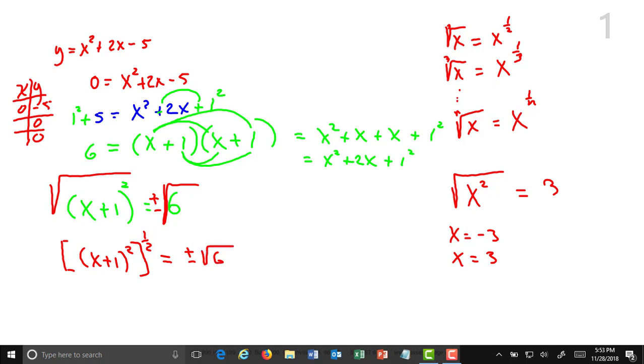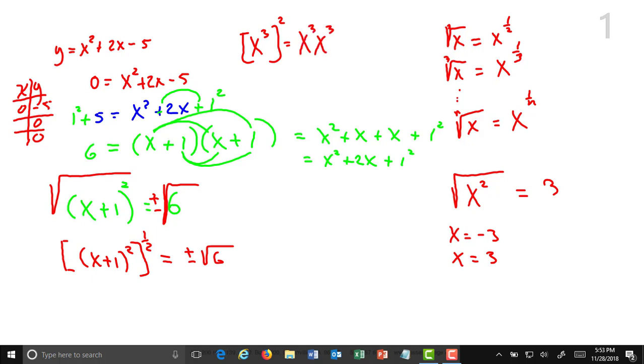Okay, now, what happens when we have a power to the power? Do we multiply or do we add? Multiply. When you have x cubed quantity, let's say for example, squared, you're going to have 2 packages of x cubed, right?